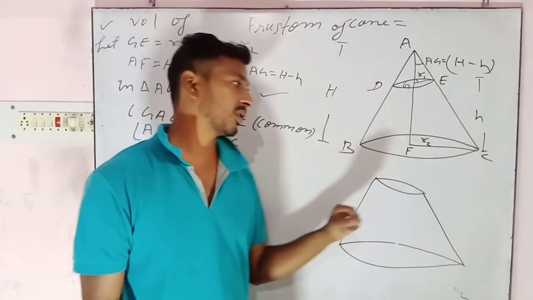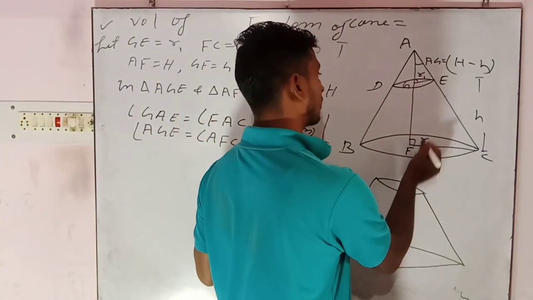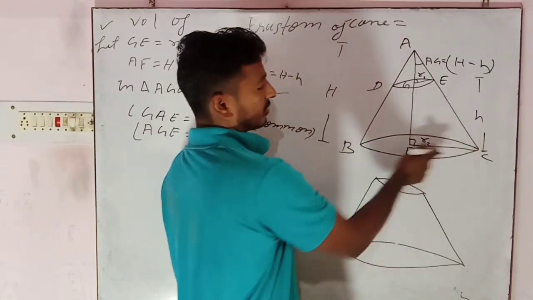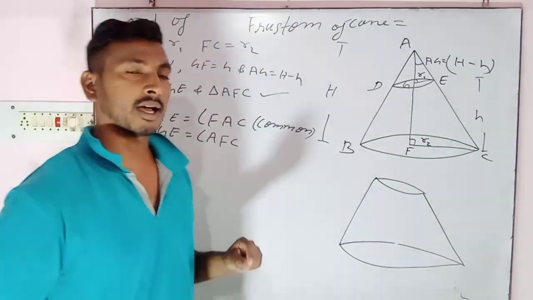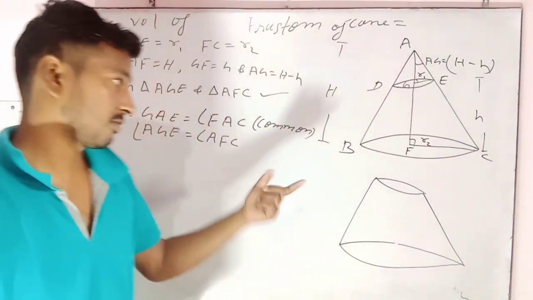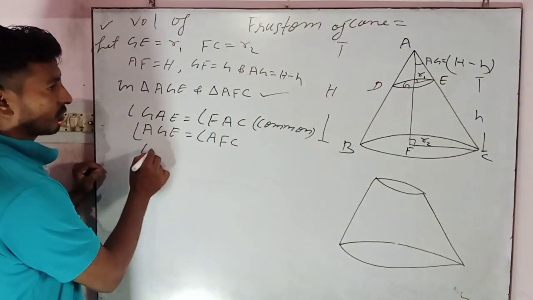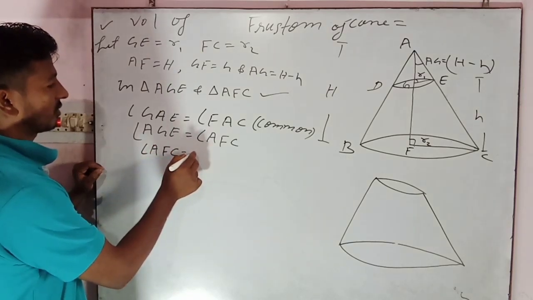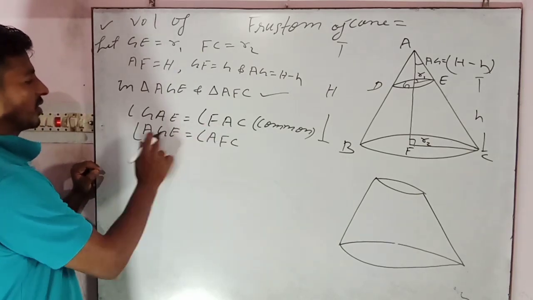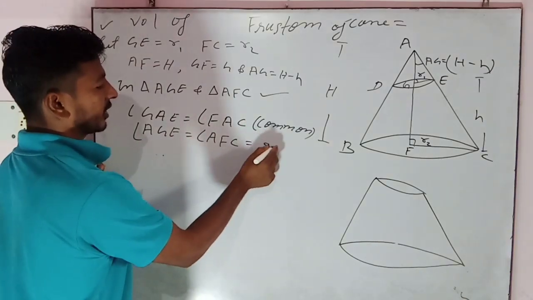Both will be equal. Yes, because both are 90. This is height, so this is base and AF is height. And we know that height is always perpendicular to base. So we can say AFC is equal to AGE and both are 90.